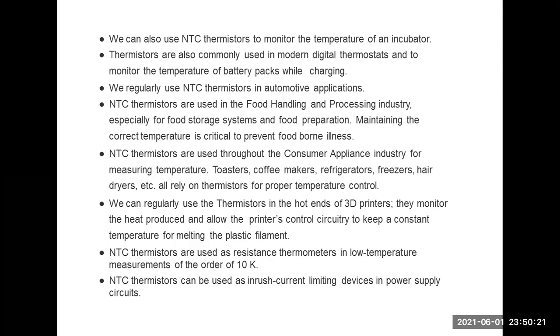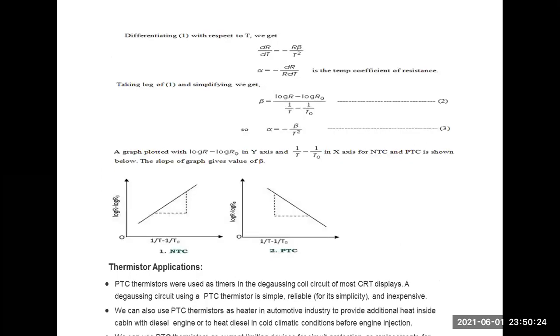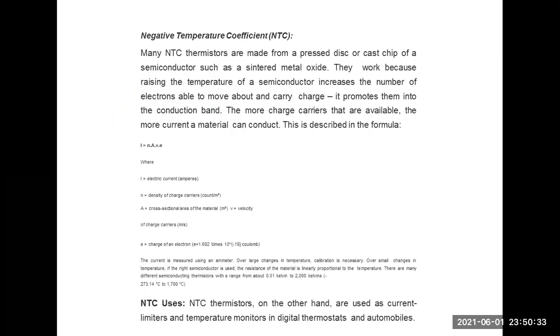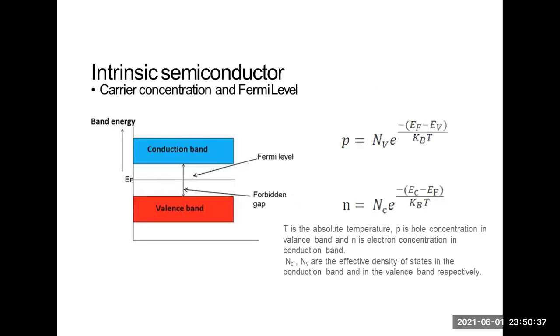With this, we have the relationship of the negative temperature coefficient and the positive temperature coefficient, and we have a clear idea about the thermistor. We move on to the semiconducting topic, because we just studied that the negative temperature coefficient thermistor has the same property as the semiconducting material.